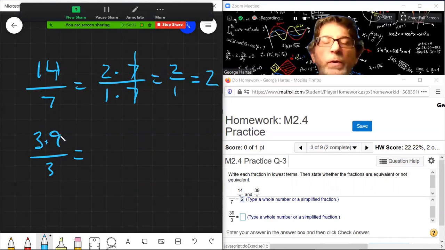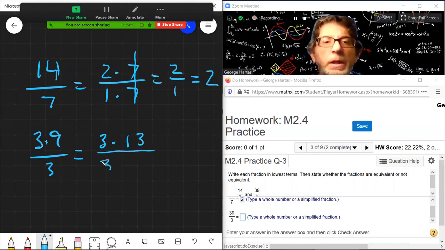And I know for a fact 3 goes into 12. So I know that 3 times something is 39. And using long division in my head, I know the answer is 13. So 3 times 13 is 39.